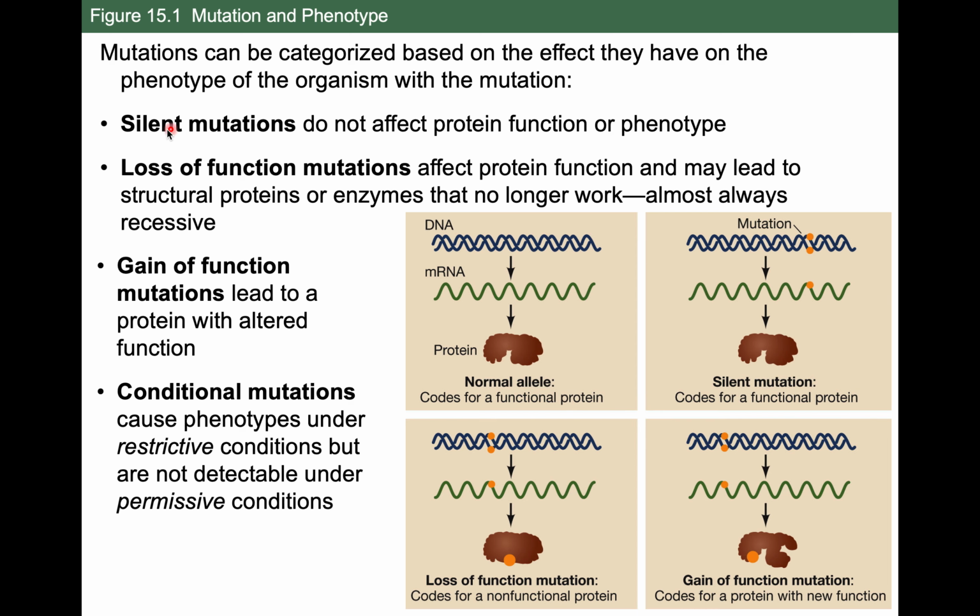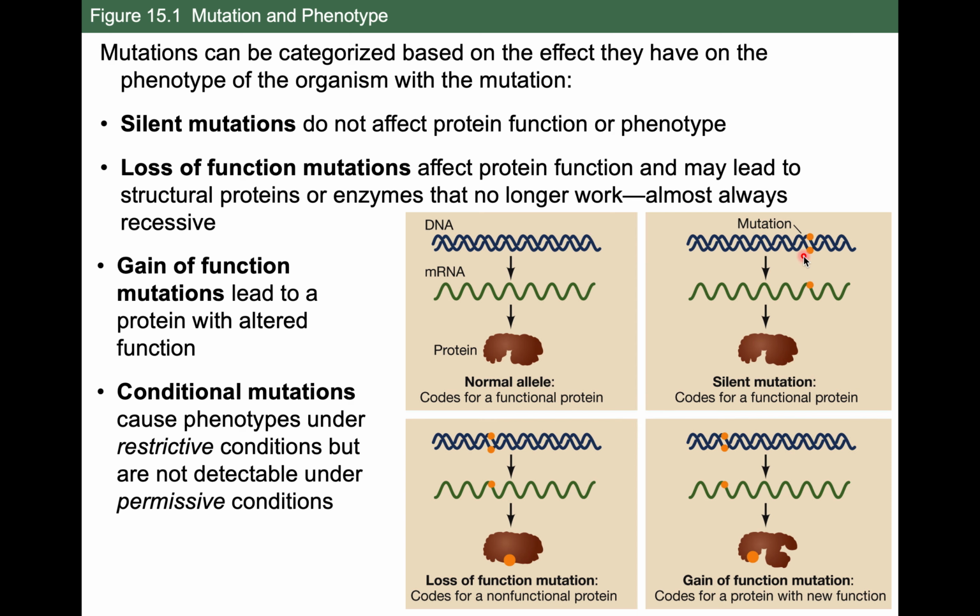So in the first example, there's what are called silent mutations, and those would be mutations that actually don't change the protein function at all. So here's sort of our control here in the upper left picture, where we've got our DNA being transcribed into a messenger RNA, being translated into a normally functional protein, right? So let's say this is an enzyme and it's catalyzing whatever reaction that enzyme would normally carry out in the cell.